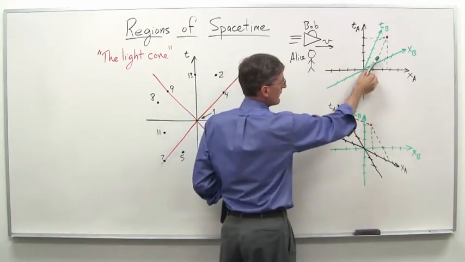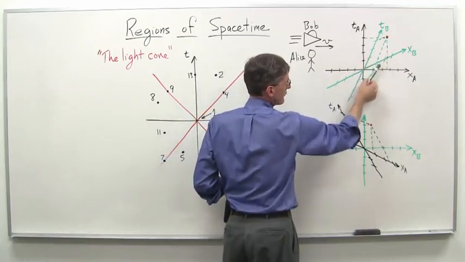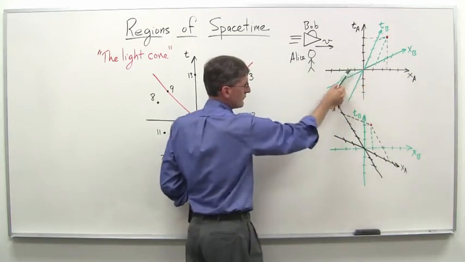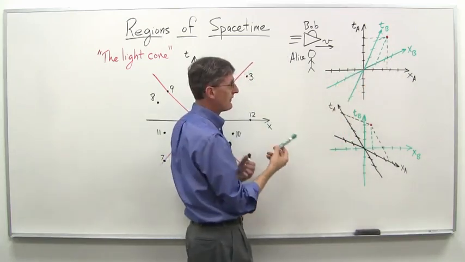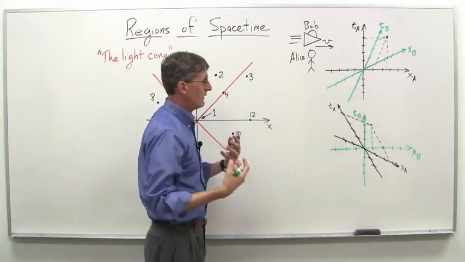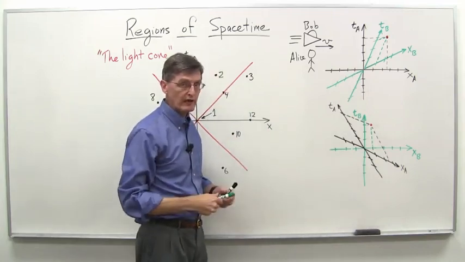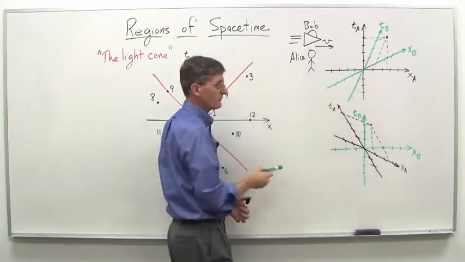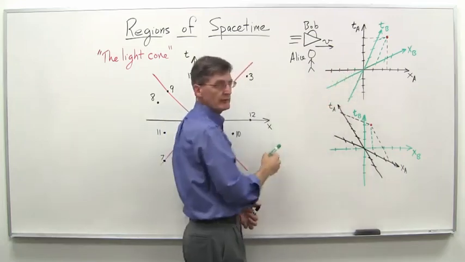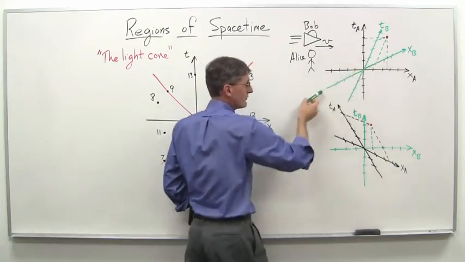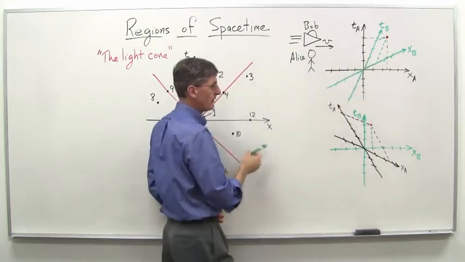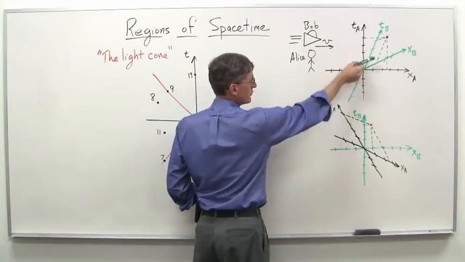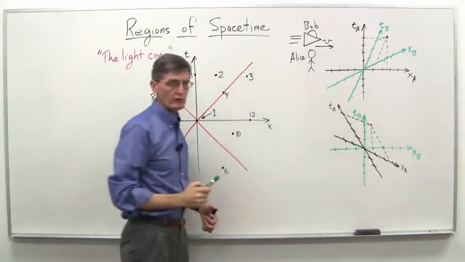And then the line for x sub b equals 1, 2, 3, and then negative 1, negative 2, negative 3, and so on. And then the lines of same time, simultaneity, are oriented parallel to the x sub b axis, because this is the line for t sub b equals 0. Anything that occurs at t sub b equals 0 is along there, and t sub b negative 1, negative 2, or 1, 2, 3, and so on.